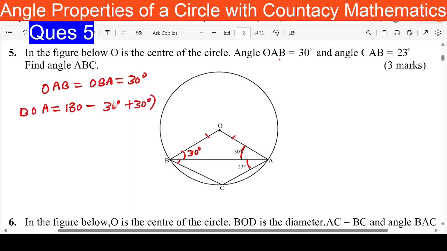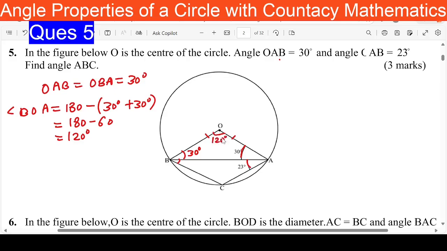So we get 180 minus 60, that's 120 degrees, and that is the value for angle BOA. We can go ahead and write it here, that is 120.